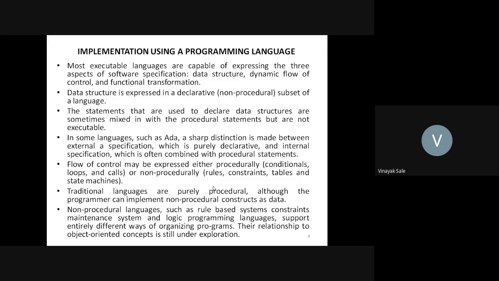Non-procedural languages contain parts such as rules, constraints, tables, statements, that is polymorphism, encapsulation, inheritance, etc. Traditional languages are purely procedural, although the programmer can implement non-procedural constructs as data.